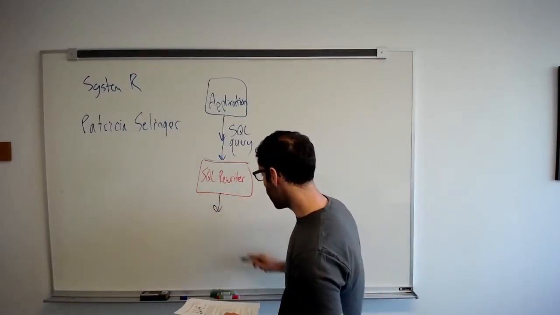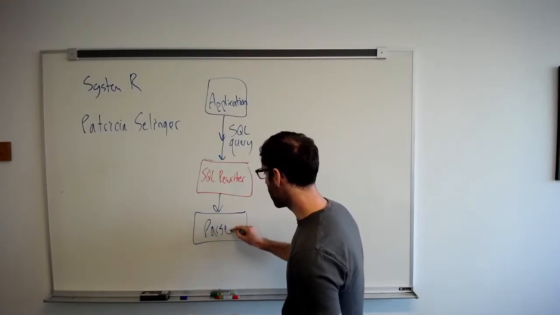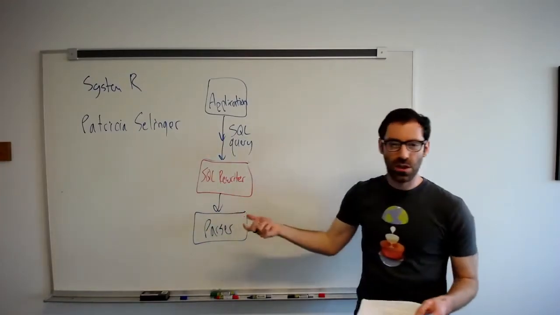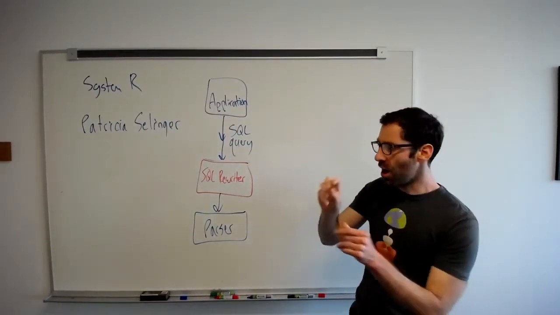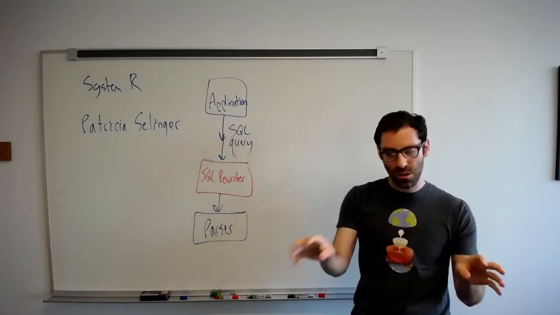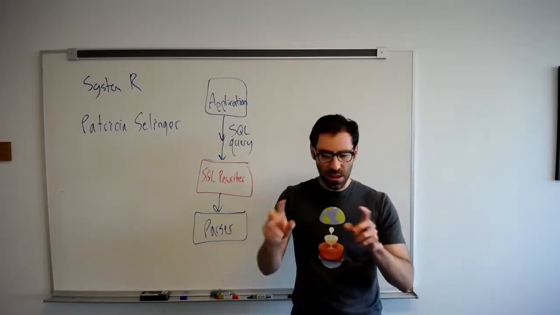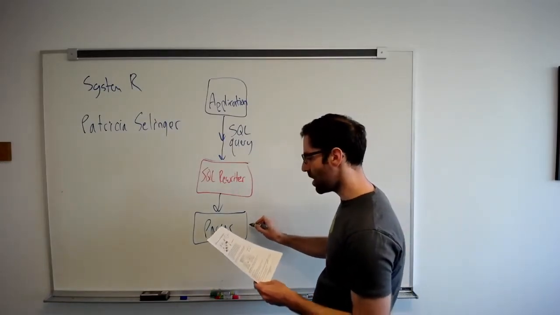From this, we would move on to the parser, the part of the database that's going to just understand the different components of a query. There's the select clause and the from clause and the where clause, and this is handling the syntax and produces what's called an abstract syntax tree.